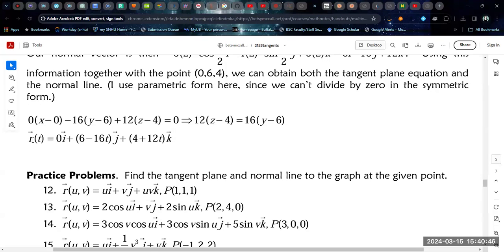So I can do this in parametric, vector form. My x component is 0, and then my y component is going to be that coefficient from the normal vector, minus 16t, plus the point that I started with, so 6 minus 16t in the j component, and then 12t plus the z coordinate 4 in the k component.